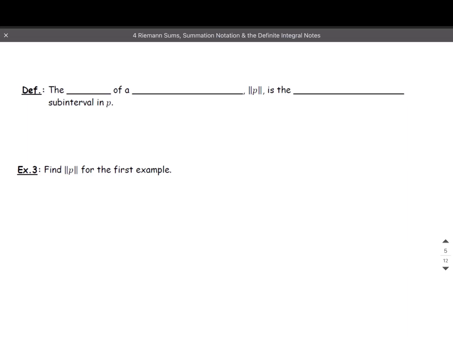There's another term we need to introduce here. The norm of a partition, and it looks like a double absolute value. That's what it is. It looks like a double absolute value symbol. So that's read the norm of the partition P. Okay, the norm of the partition P is the longest subinterval in P. It's the length of the longest subinterval. So, for instance, let's find the norm in the first example.